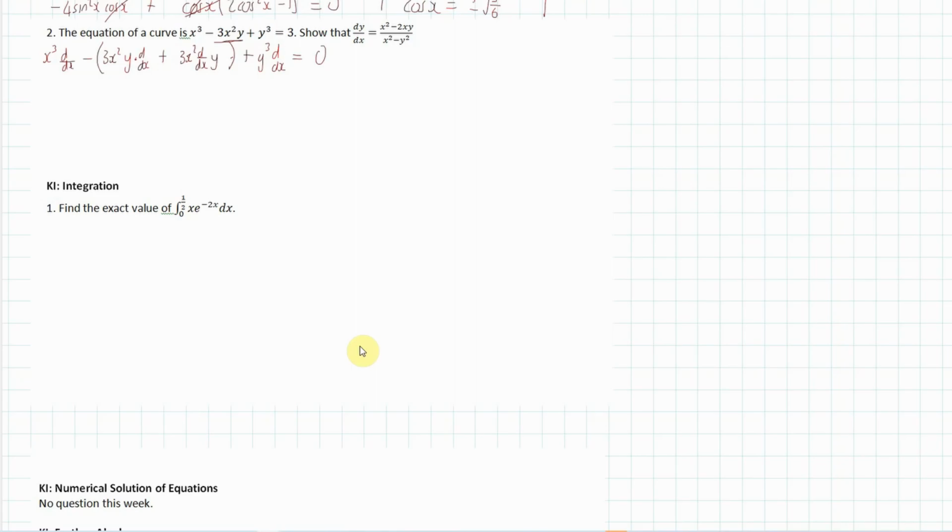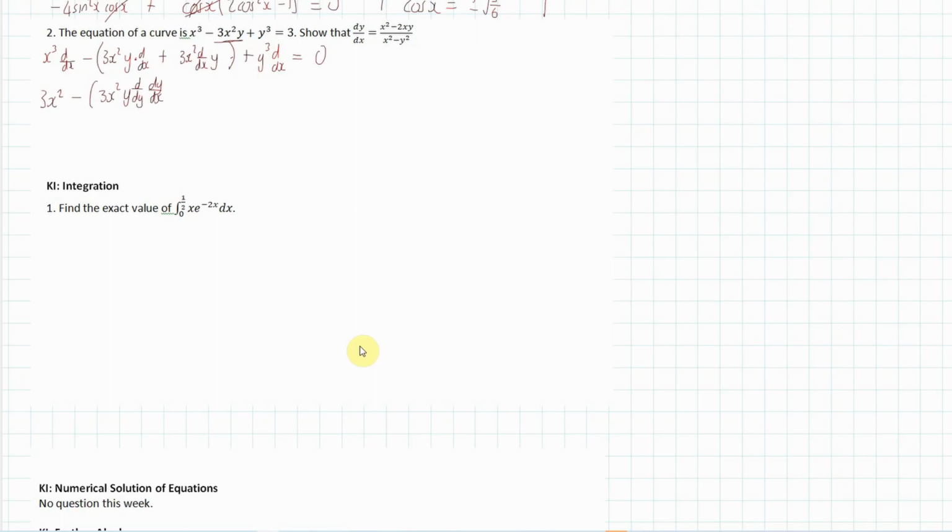Now, next line we get 3x squared minus, and we've got the 3x squared here, and when we're differentiating y with respect to x, we can replace it with d/dy times dy dx, because it's the same.